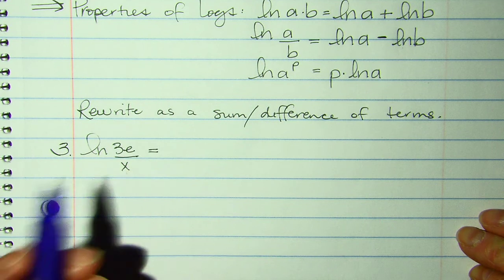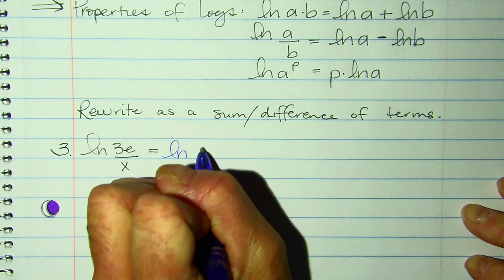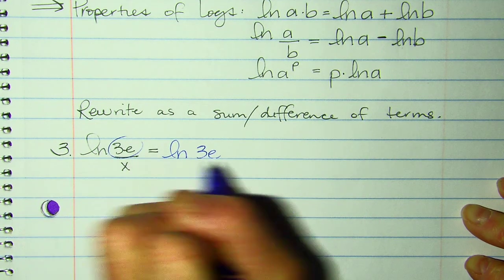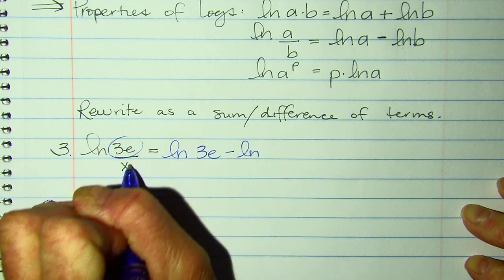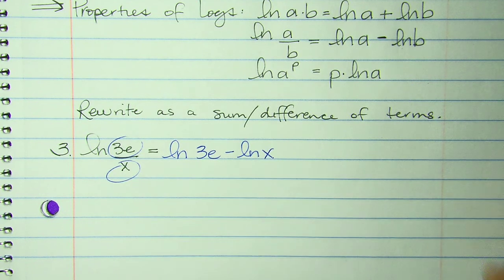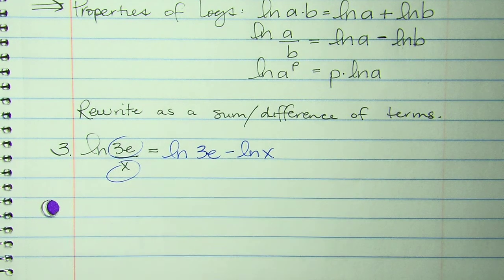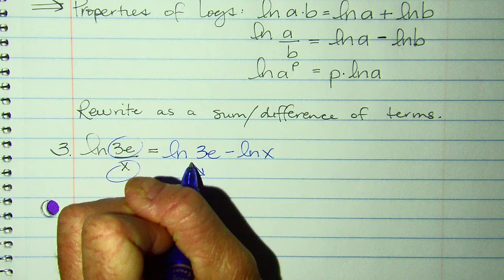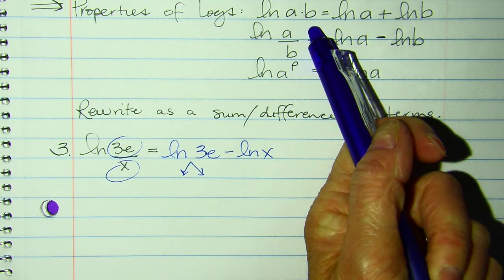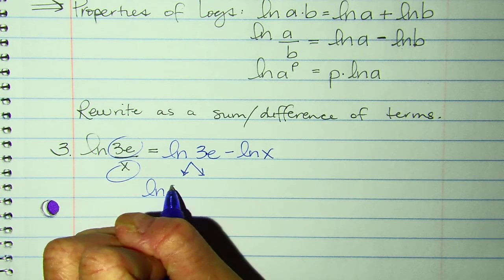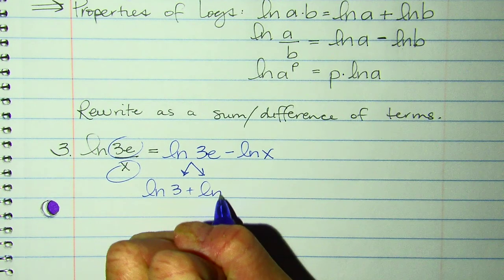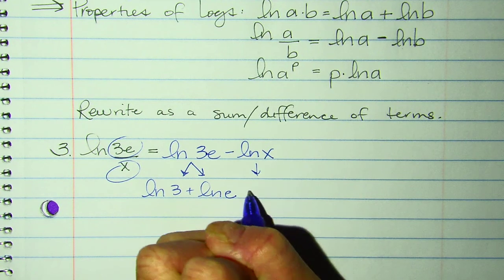So it's the natural log of the top minus the natural log of the bottom. Then I notice that these have an invisible multiplication, so I can rewrite this first log using the first property to be the natural log of 3 plus the natural log of e, and then I'm going to bring him down, so minus the natural log of x.